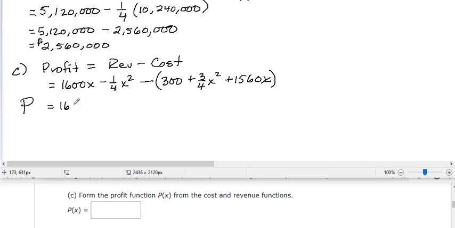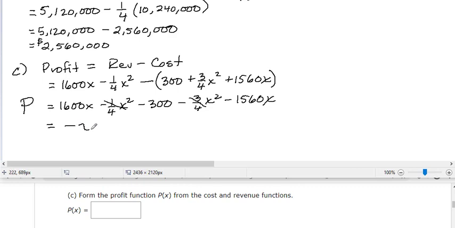So my profit function: 1600x, negative 1/4 x squared, negative 300, negative 3/4 x squared, negative 1560x. Combine it to get negative 1/4 and negative 3/4 is a negative 1. Thank you, WebAssign. 1600 minus 1560 is a positive 40, and then minus 300.